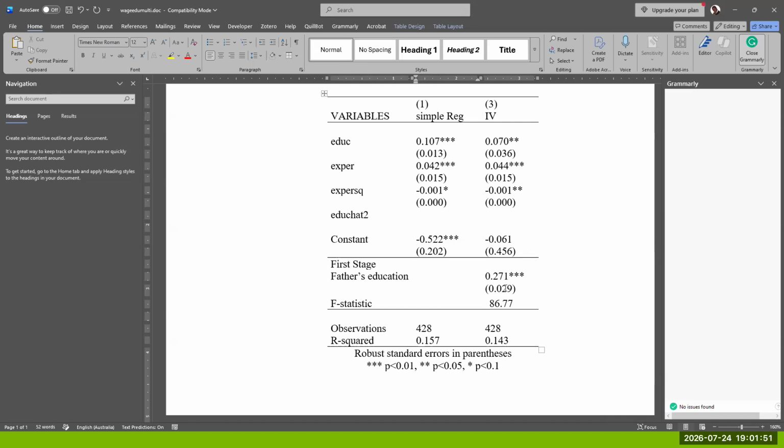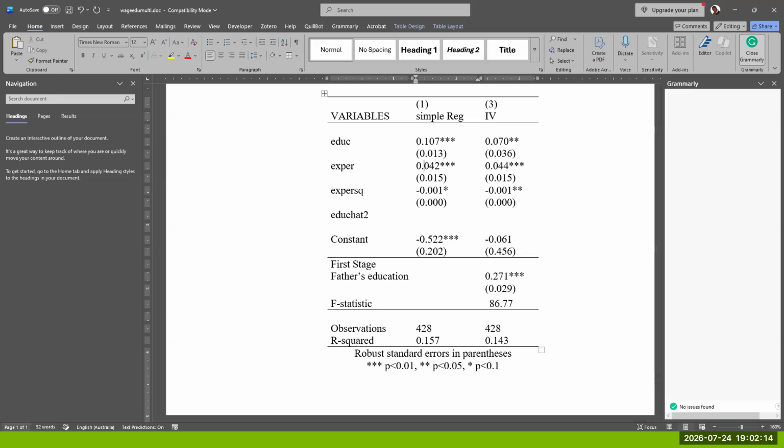What if it's not strong? You may want to think of an additional instrument. In this case, we were just talking about the father. If the mother is also educated, it would influence the child's education. So you can introduce an additional instrument.